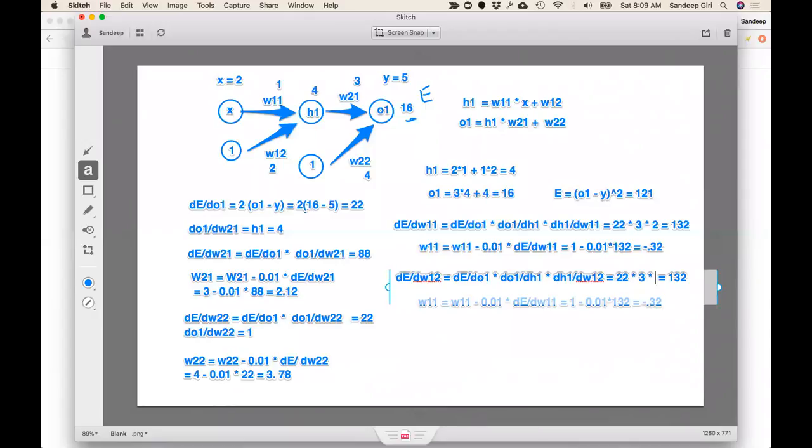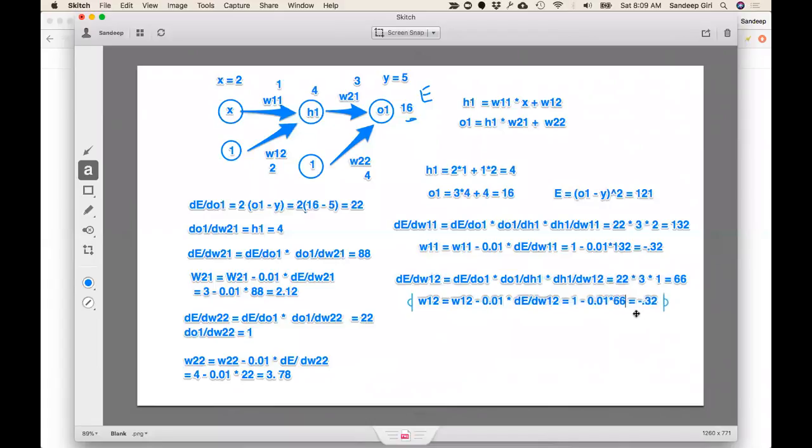Okay, so here dH by dW12 is 1, correct? So it is, that's right, this is 66. Great. Now this W12, I'm just going to change it a bit.